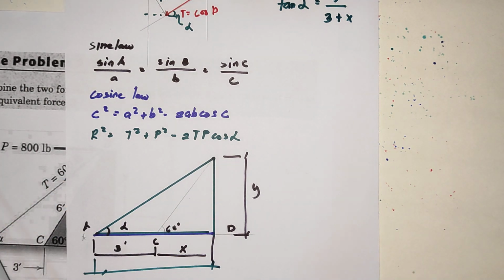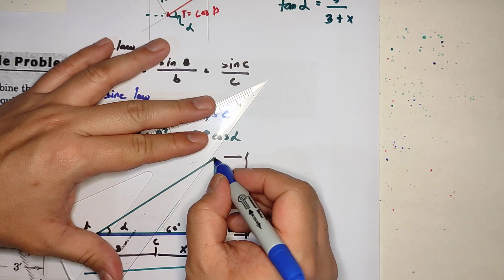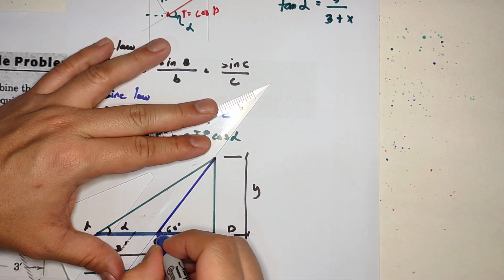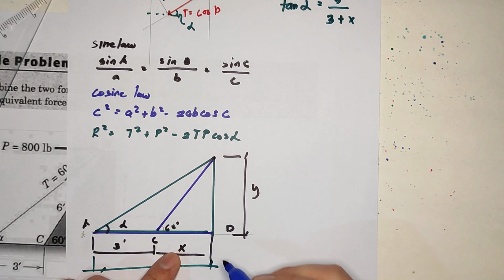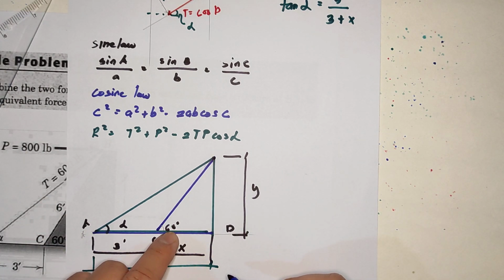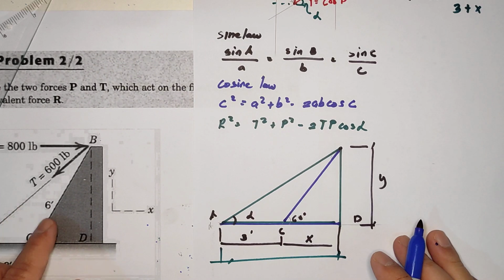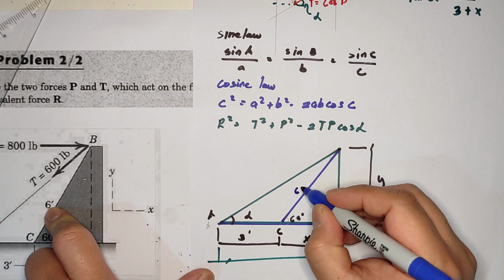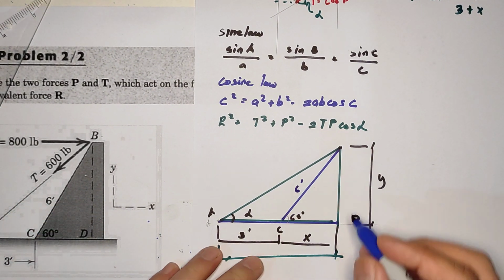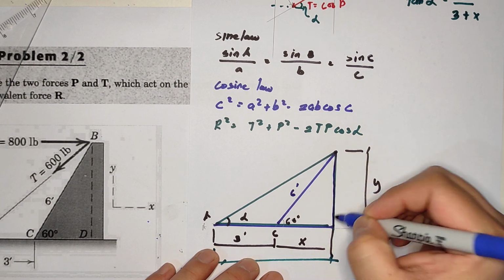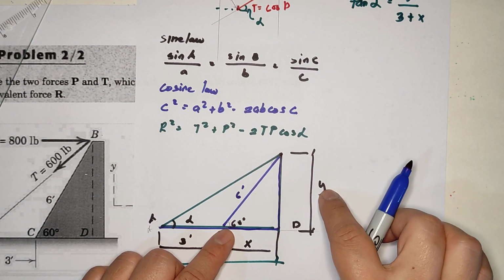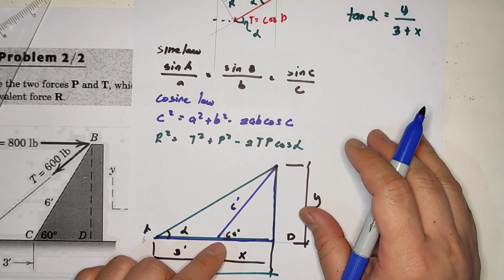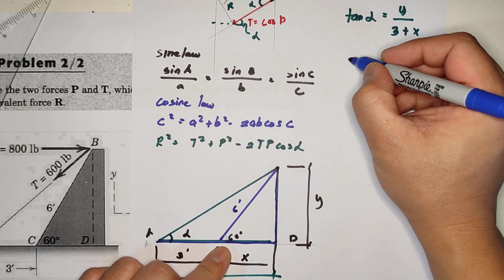Now notice this, that you have another triangle here. So 60, and this one is 6. If that is the case, to solve for y, that is y.